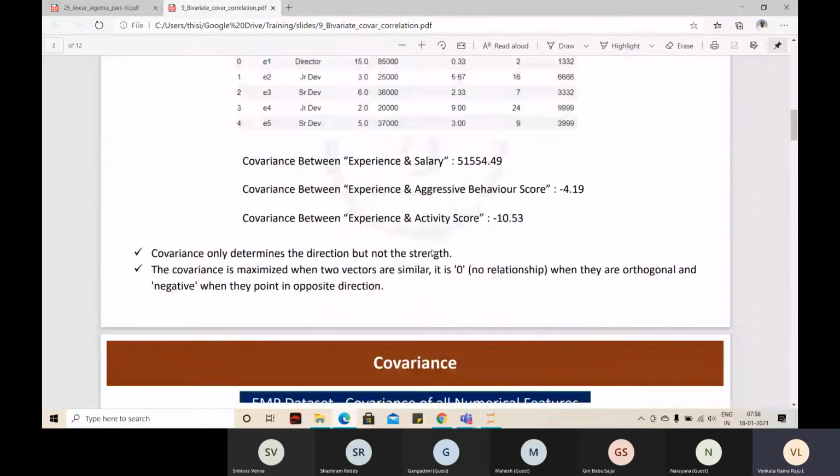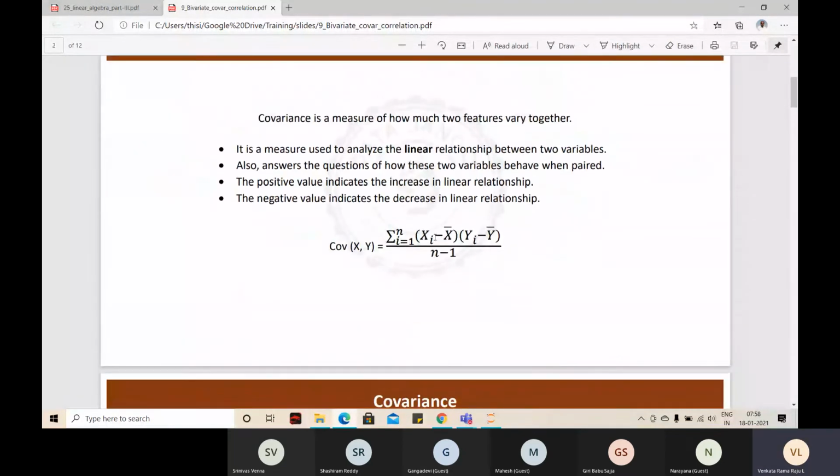This is covariance: the sum of xi minus x bar times yi minus y bar, divided by n minus 1. xi is the data point, x bar is that column's mean, yi is the data point, and y bar is that column's mean.